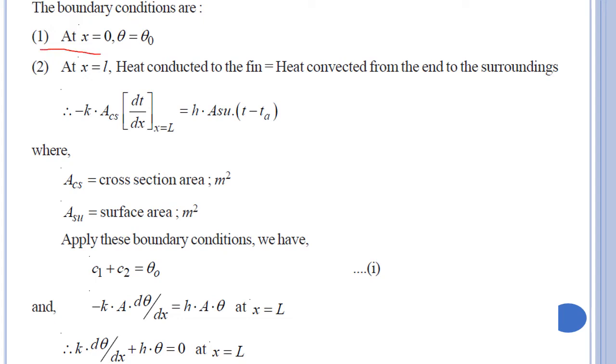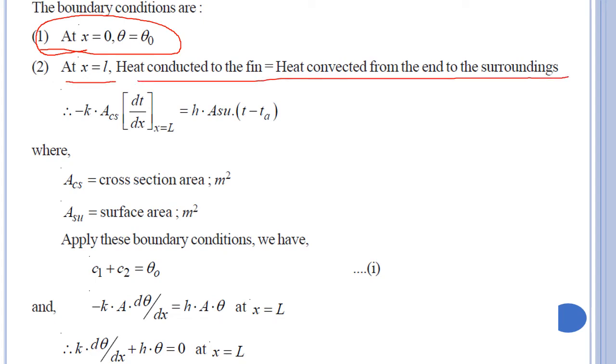The first boundary condition is when x equals to 0, theta equals theta 0. That we know, we are very much aware of this part. At the base, the temperature is the base temperature, and when x equals to L, Q conduction equals Q convection.